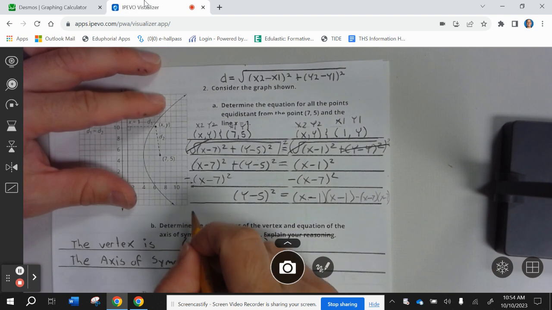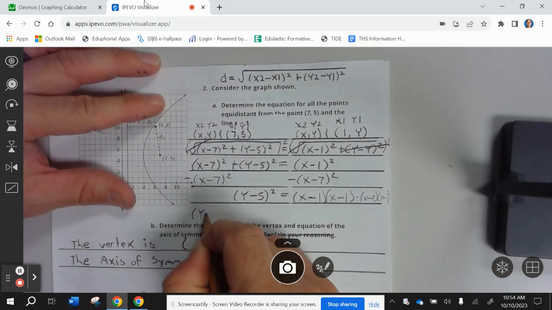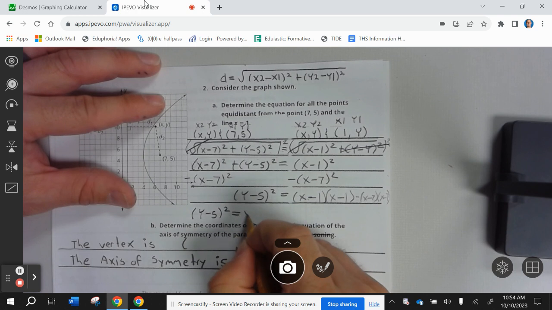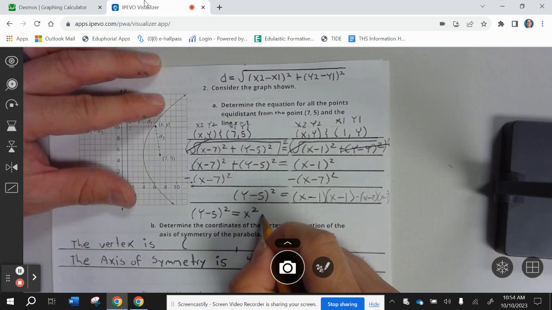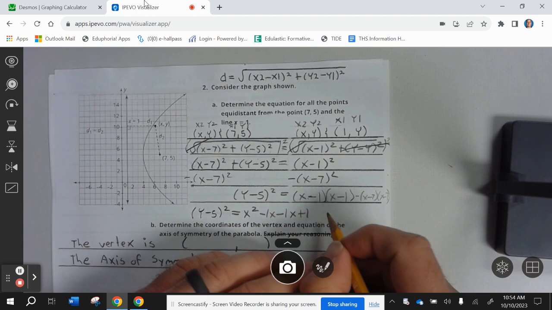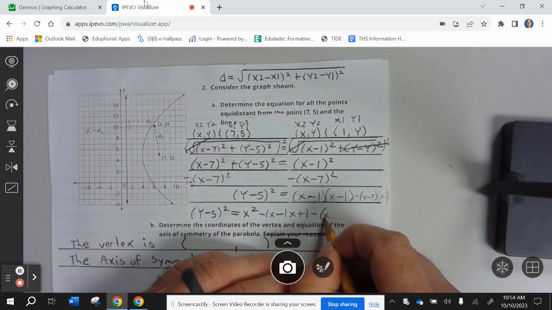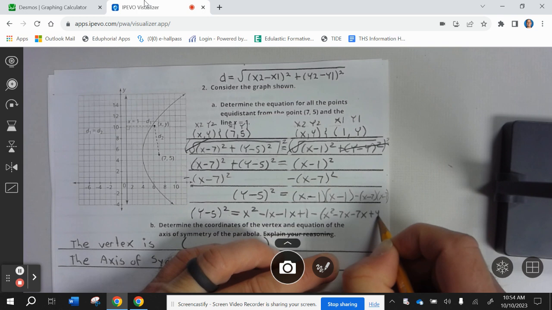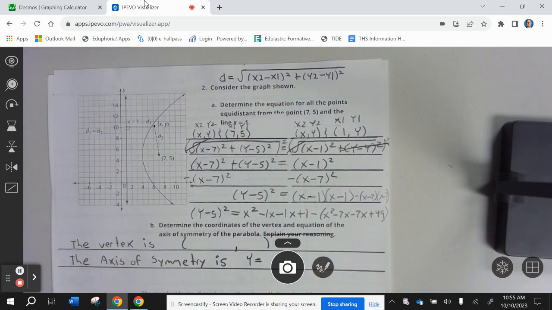Okay, so we have y minus 5 squared equals x times (x squared minus 1x plus 1) minus (x squared minus 7x plus 49).